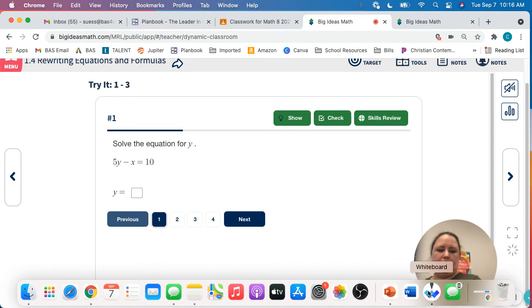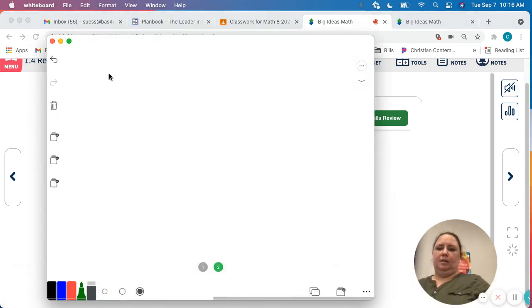All right, where's my whiteboard? 5y, wow, my handwriting is getting better. 5y minus x equals 10. Okay. So the key thing to remember here is what is in front of this x? An imaginary 1, right? So if it helps you, write it in there. Totally okay. So what you're going to do is, to get y by itself, first we move the x. Shh, whisper. So how do you move this 1x?